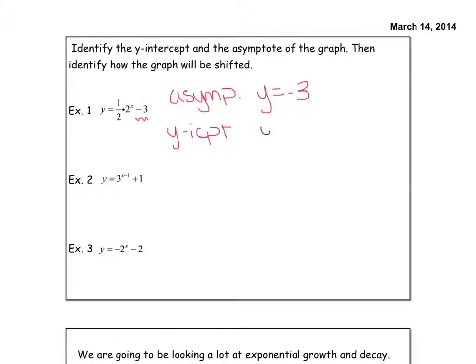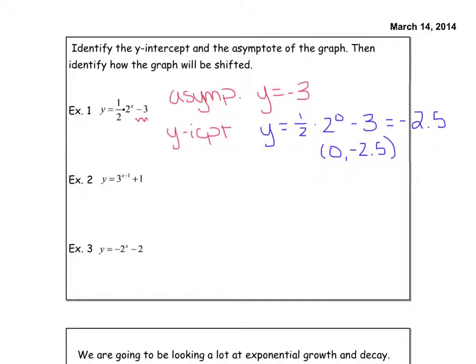So I do y equals 1/2 times 2 to the 0 minus 3. So in order to get the y-intercept, we always plug in 0 for x. Then you simplify that, and you get that y is -2.5. So the y-intercept is at (0, -2.5). That's something that's very important for you to find because it's going to have special characteristics as we go throughout the rest of this chapter.